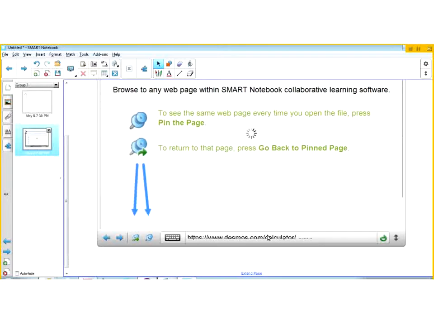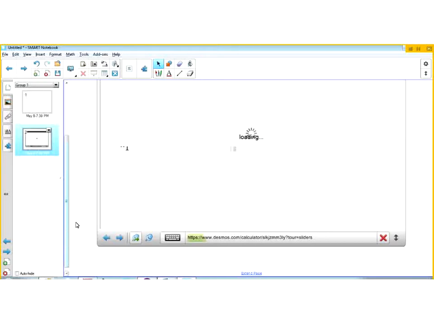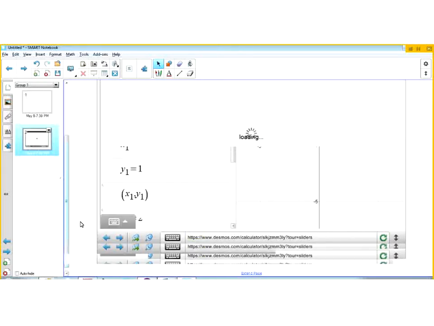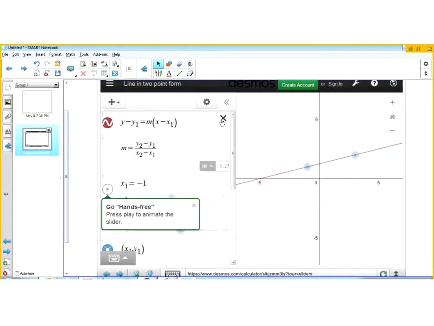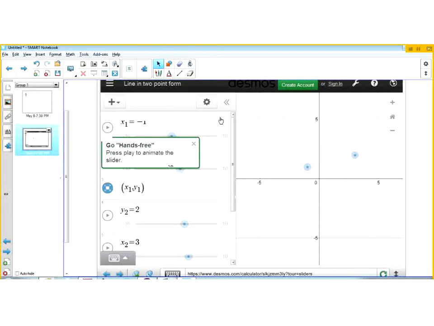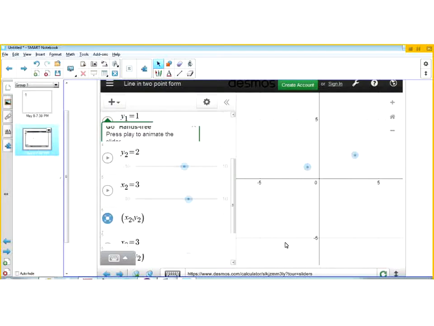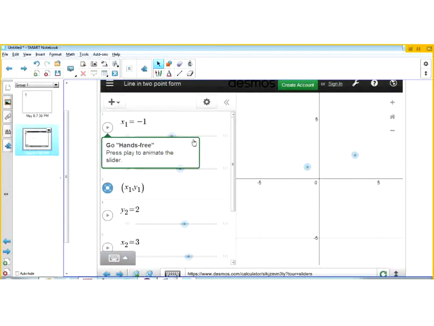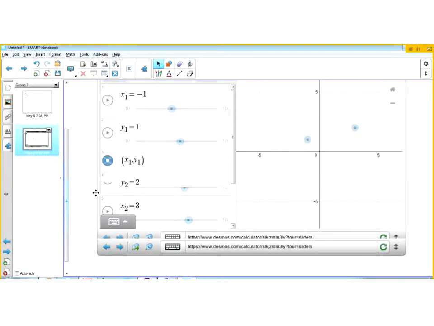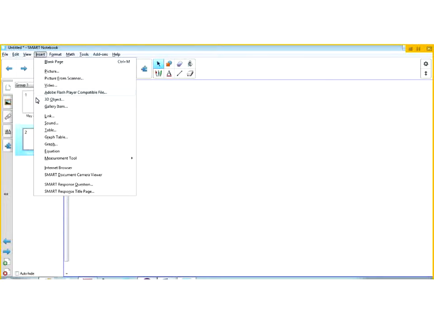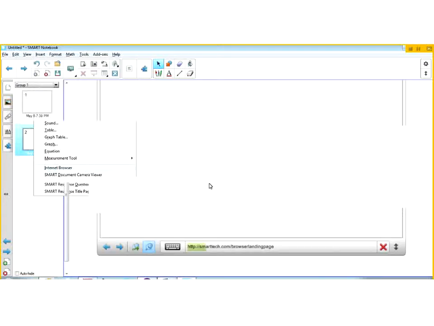Okay, so all right, so here's our point slope form. Let me dismiss this, and let's dismiss this. Oh, I didn't want to do that. Try it again.